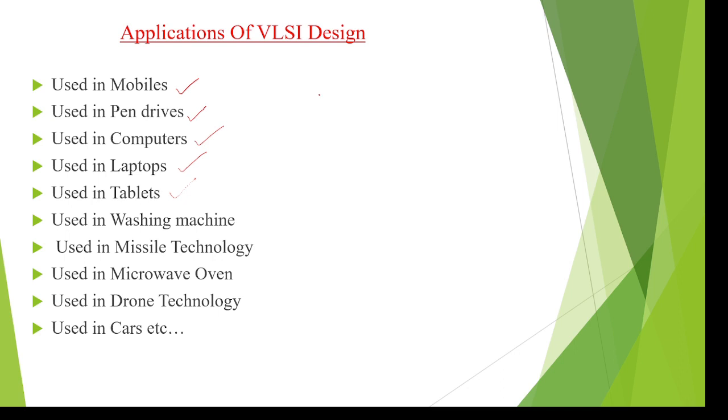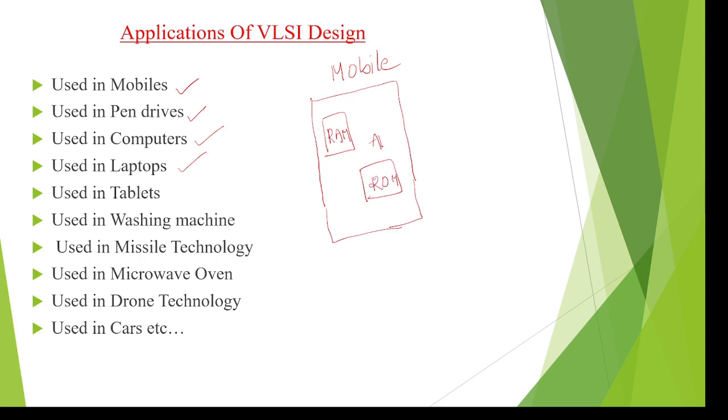If we consider a mobile, the mobile has all the components, that is, the processor. Internally, if you take a mobile, there is RAM, random access memory, and ROM, read only memory, and ALU, arithmetic logic unit.